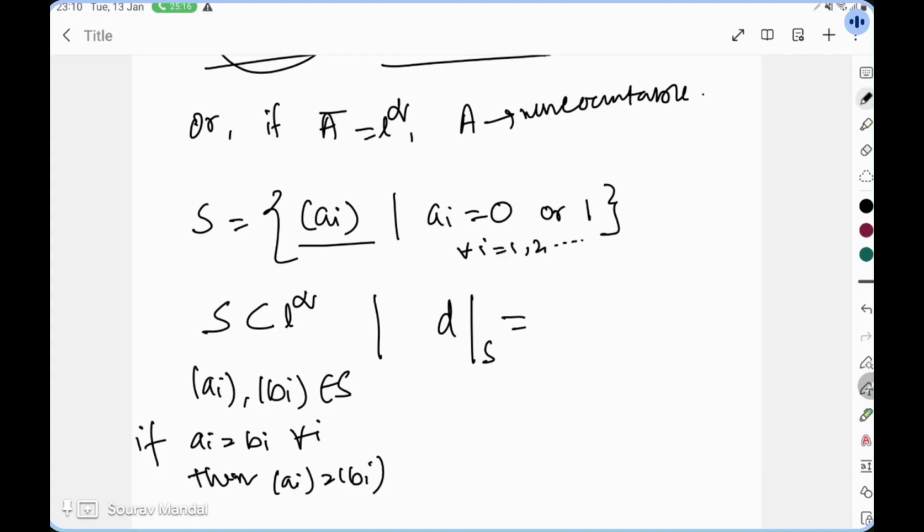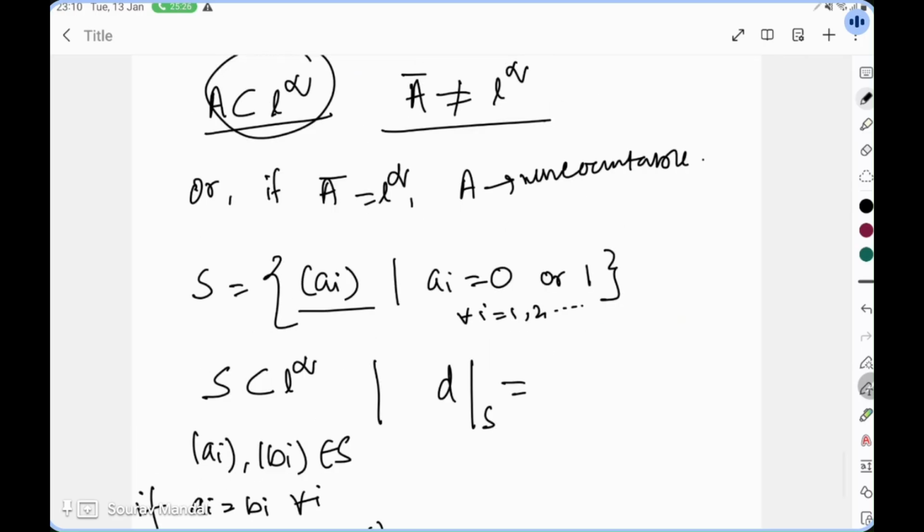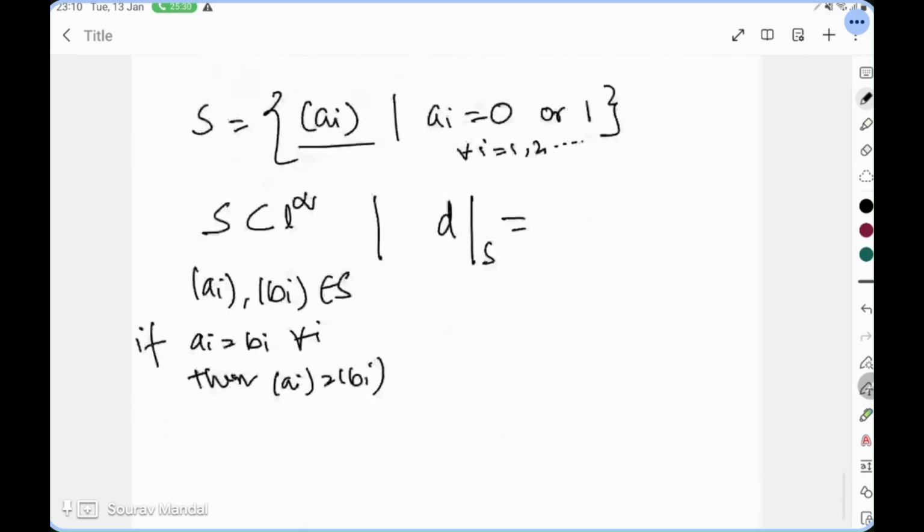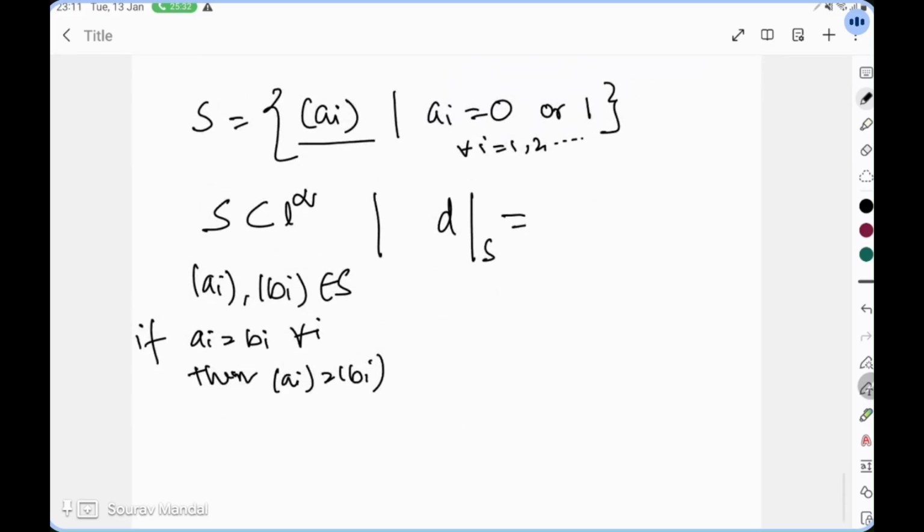If there exists even one distinct term, then these two sequences become distinct sequences. So if we are considering this D metric on S, in that case we'll get the discrete metric.